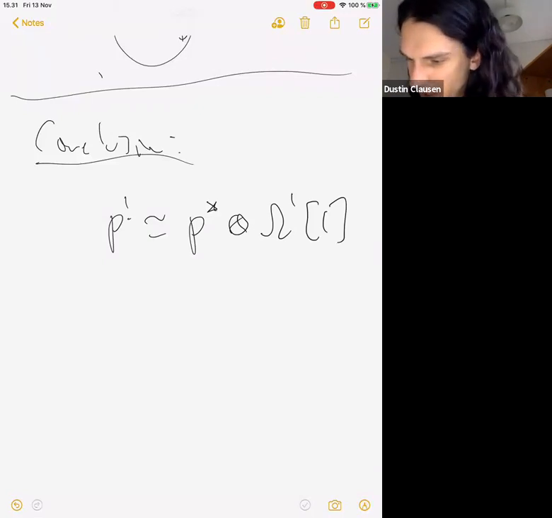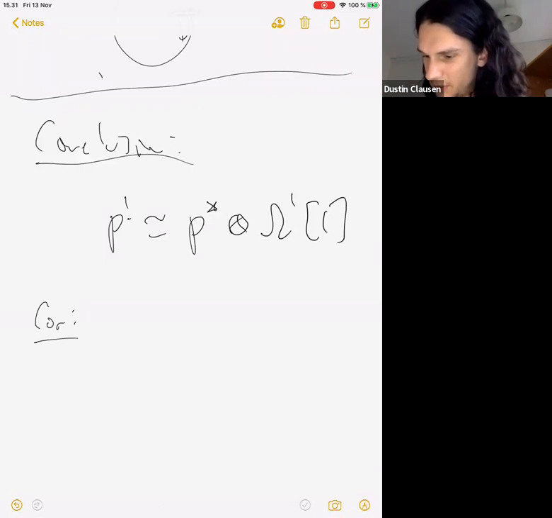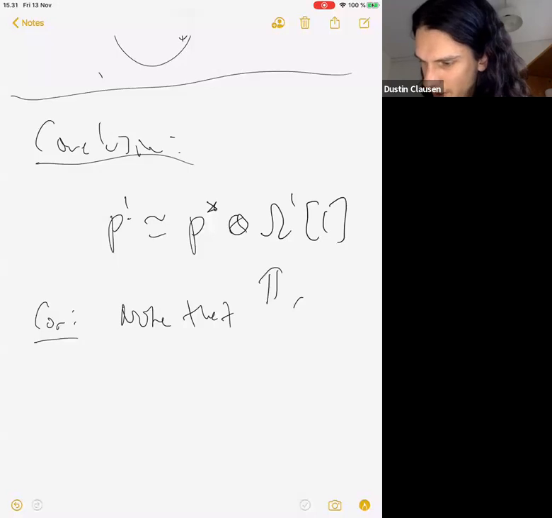So now we get a corollary from this, which is that, note that this commutes with all colimits.